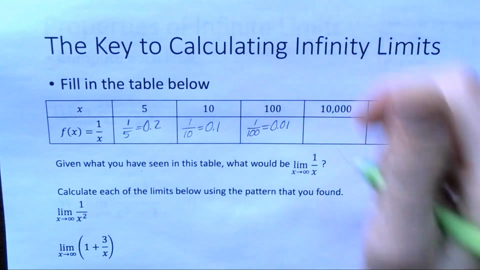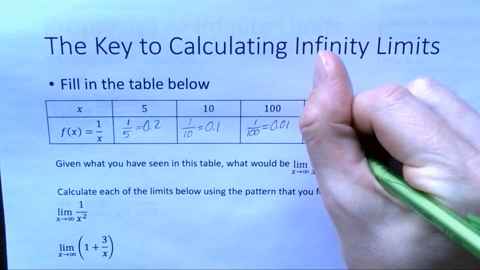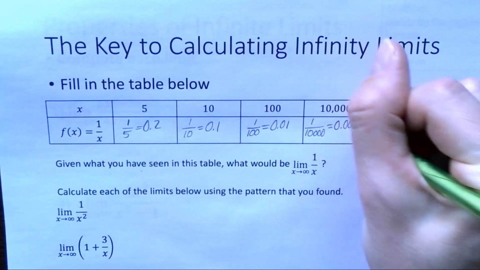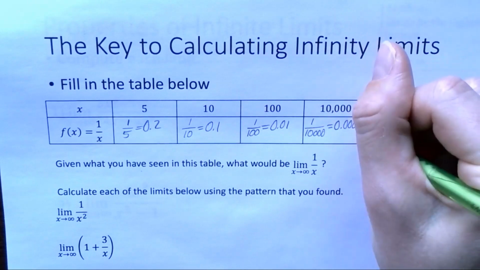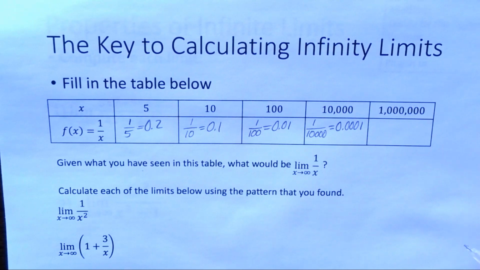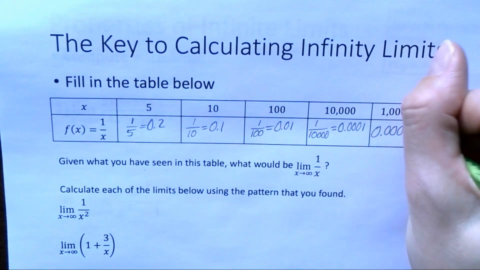Then if we plug in 10,000, that's 1 over 10,000, which as a decimal is 0.0001. And then similarly, 1 over 1,000,000 would be what we get for plugging in 1,000,000, and that would be 0 and then 5 zeros.